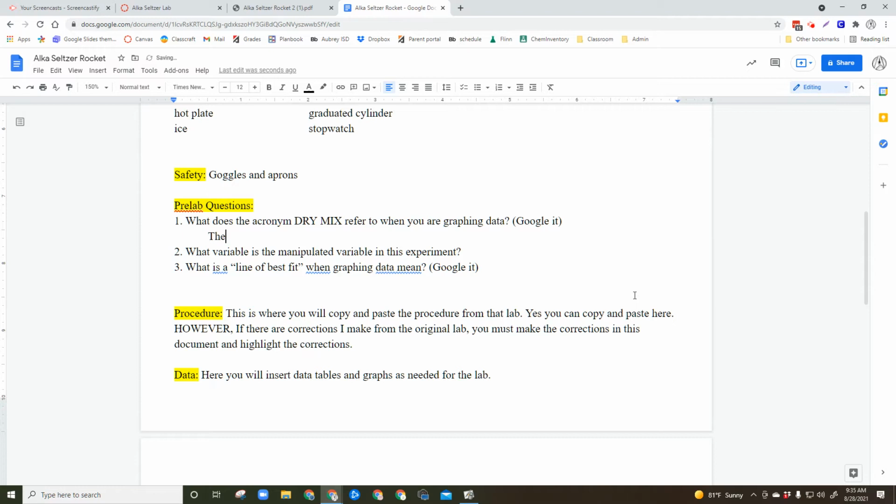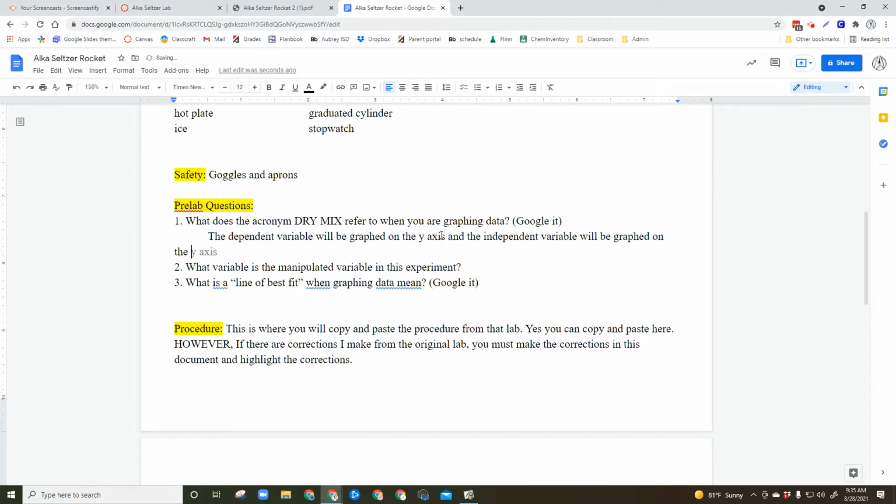So the dependent variable will be graphed on the dependent, so dependent on the y-axis. So I'm going to put y-axis, and the independent variable will be graphed on the x-axis.